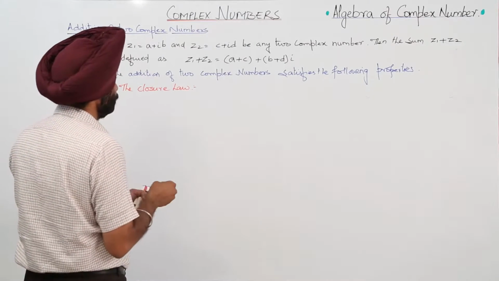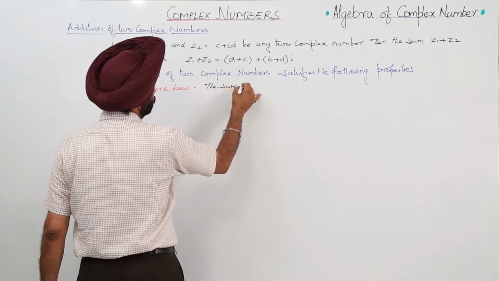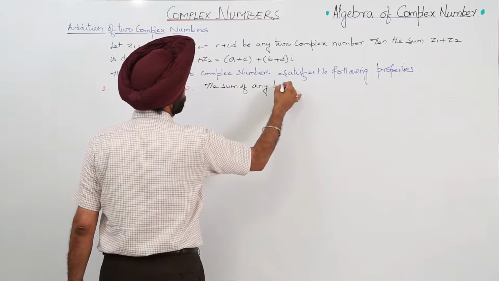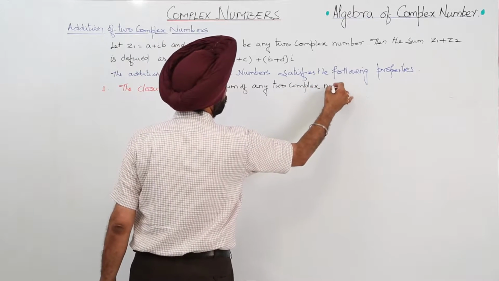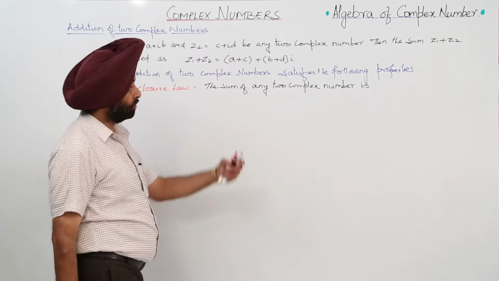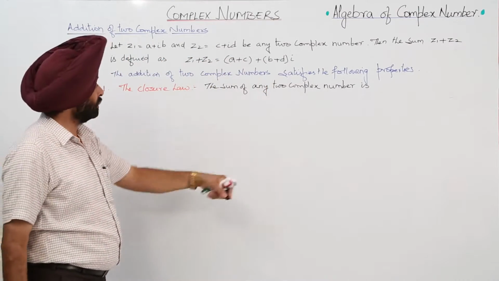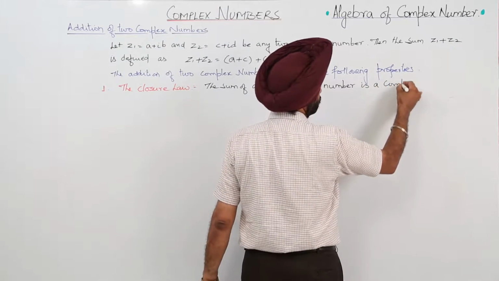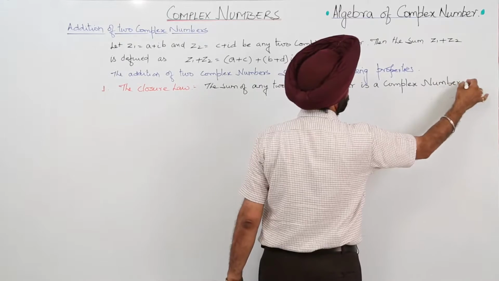This law states the sum of any two complex numbers, z1 and z2, after addition again we are getting a complex number. So the sum of any two complex numbers is a complex number. This is the closure law.